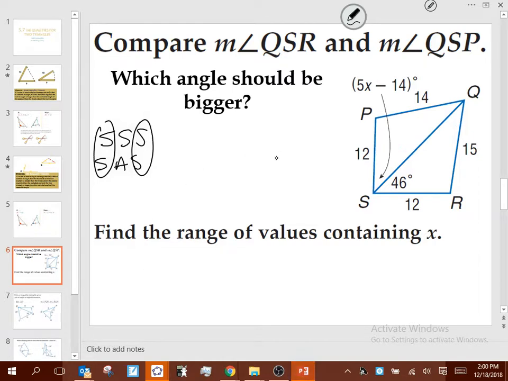So in any one of these examples you're going to get some congruent sides. So I'm going to look at this one. 12 obviously is congruent to 12, right? So maybe that's that first S in either one of those statements. Okay? Would you agree that SQ is congruent to SQ? Yep. So that's the third one.